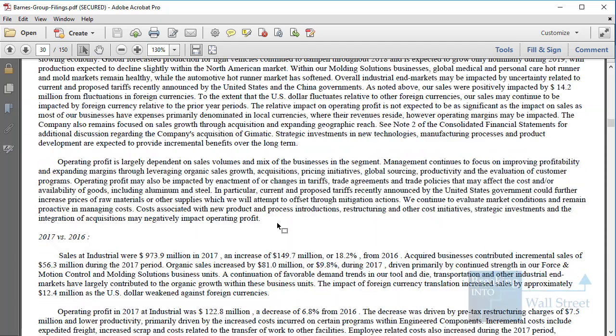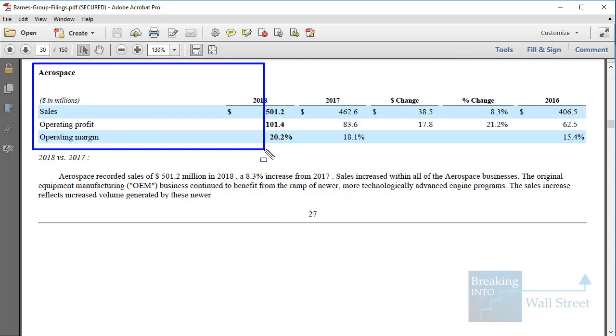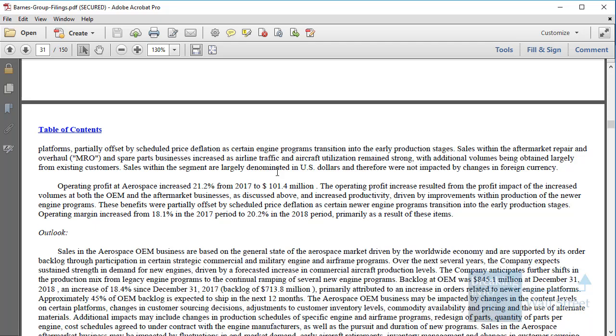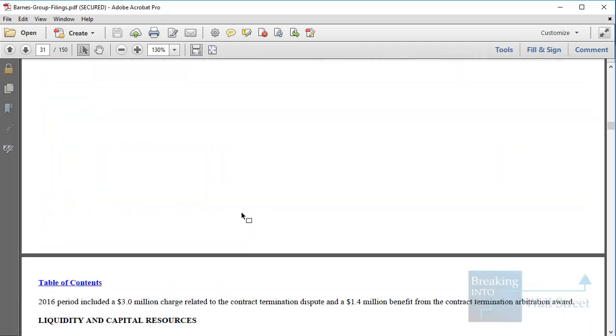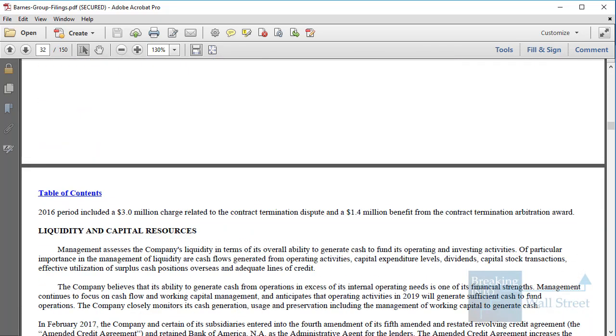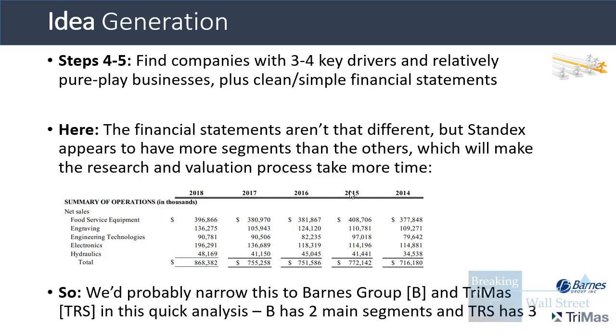And then if you go down, they have aerospace and the sales and operating profit and operating margin. And beyond that, they don't really have much of anything. So they just have 2 simple segments right here. And if you go to TriMas, you'll see something similar. So based on this quick screen, we'd probably narrow this further to Barnes Group and TriMas. Barnes Group has 2 main segments, TriMas has 3 main segments.